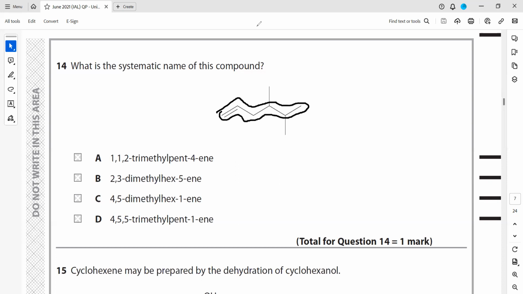The numbering should start from the nearest double bond, so we start numbering from here: 1, 2, 3, 4, 5. At the fourth and fifth positions we have branches, each a one-carbon branch, so it will be 4,5-dimethyl. There are 6 carbons in our longest chain, so it will be hex, and the double bond at the first carbon makes it ene.